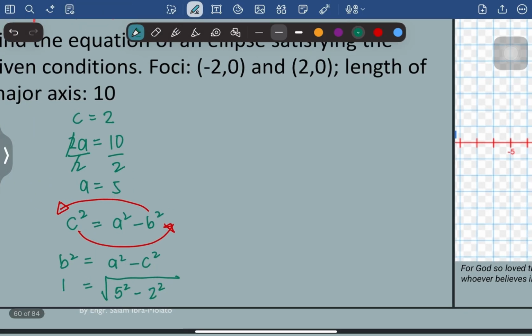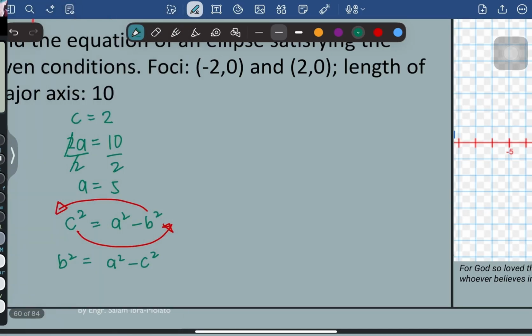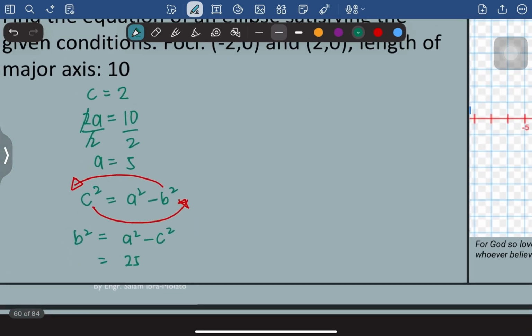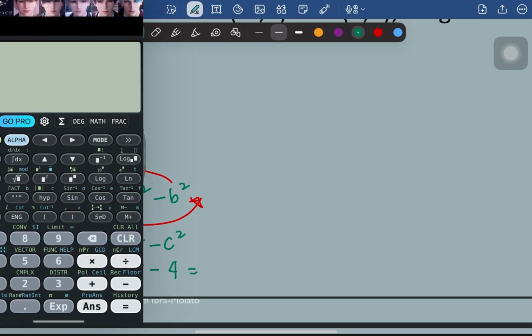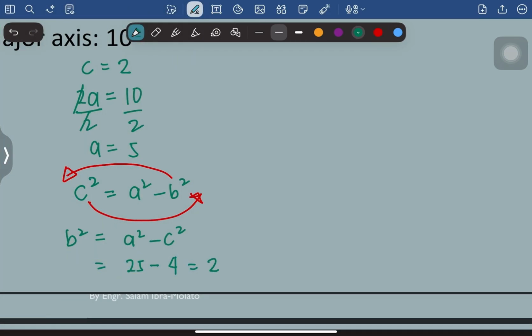Or we can just simply get b squared. So a squared is 25 minus c squared, which is 4. So b squared is equal to 21.